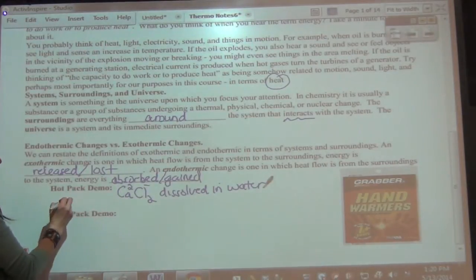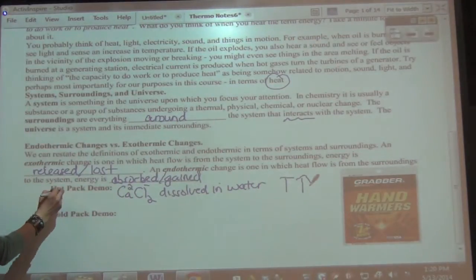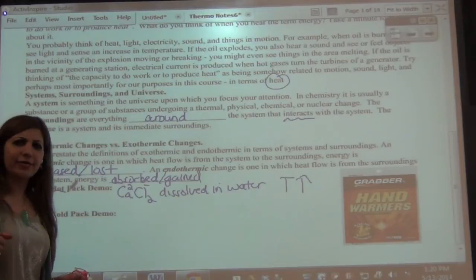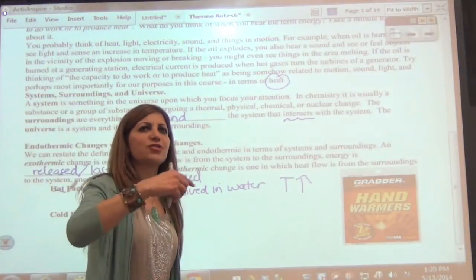And what did we find when we dissolved it in water is this is the one that got hot, meaning that the temperature increased. Okay, so that's the one that felt hot. That would be the hot pack one. All right, the temperature increased, and if the temperature increased, what does that mean that the molecules did? What did the process do?